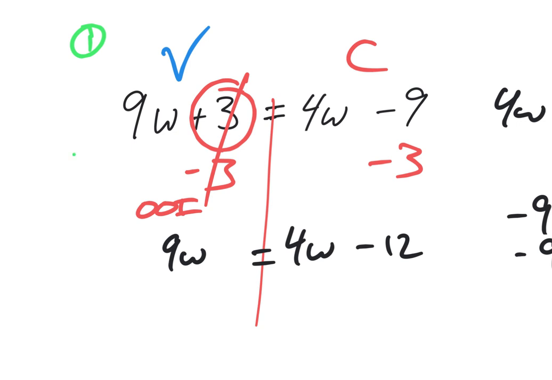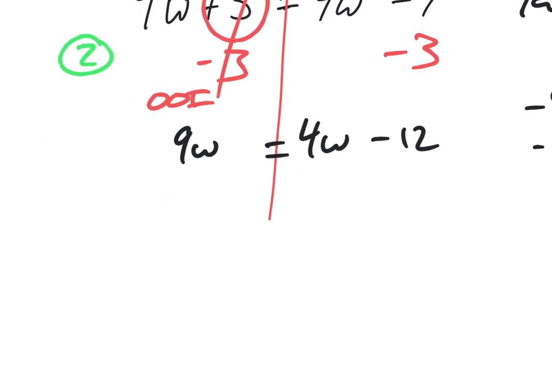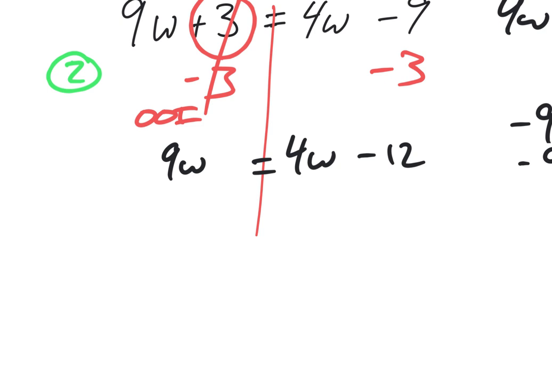Step 2, cancel out the constants from the variable side, but I also need to cancel the variables from the constant side. So the next thing I'm looking at is the right side of the equal sign and getting rid of the variables. I want them totally gone, eliminated, canceled.